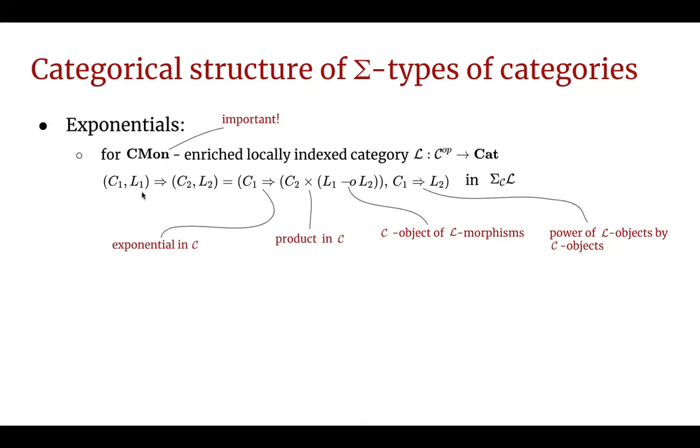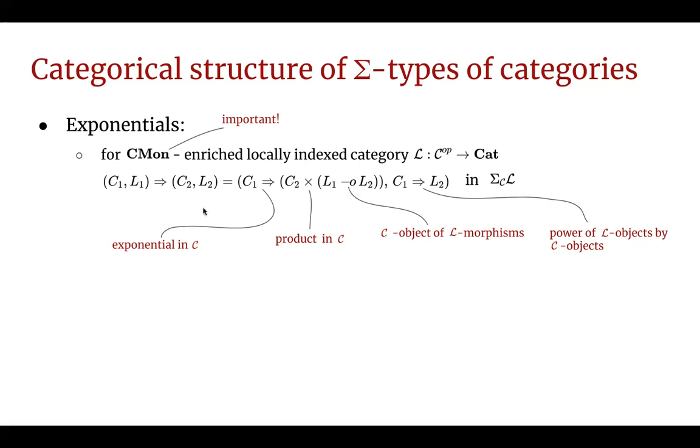So bear with me. The exponential of (C1, L1) to (C2, L2) ends up being a pair of spaces. The space of primals will have this funny structure: it's built out of the functions from C1 to the product of C2 with the linear functions from L1 to L2.